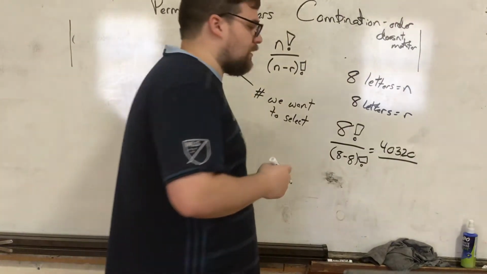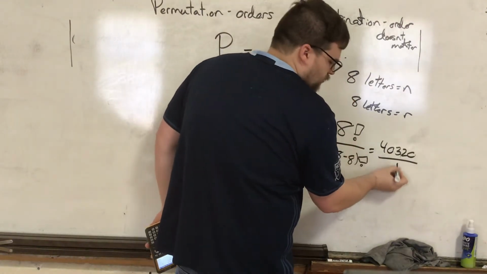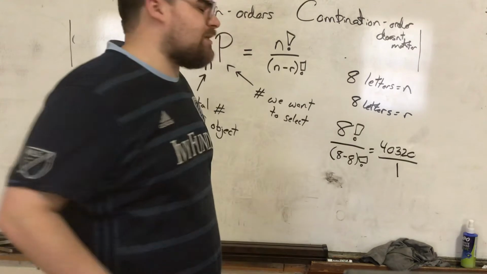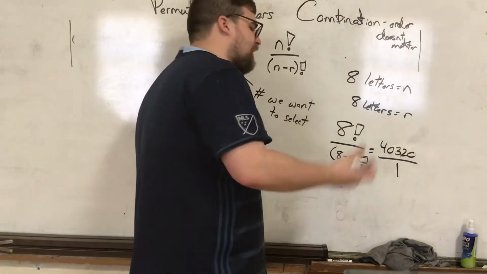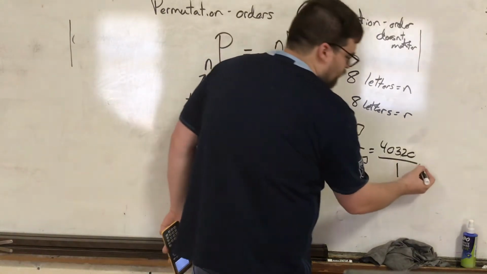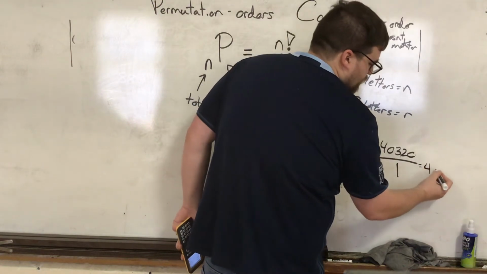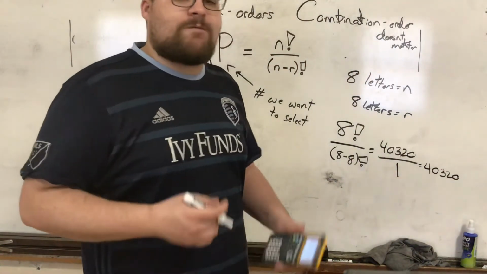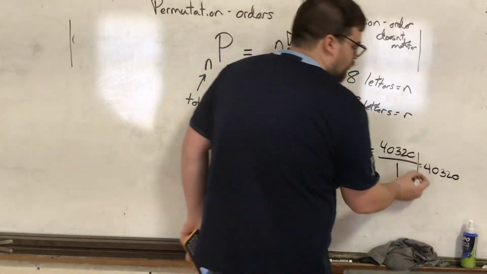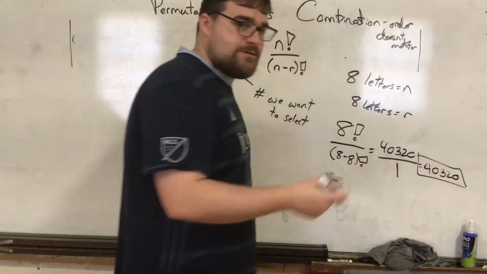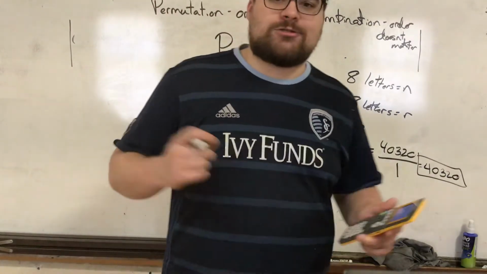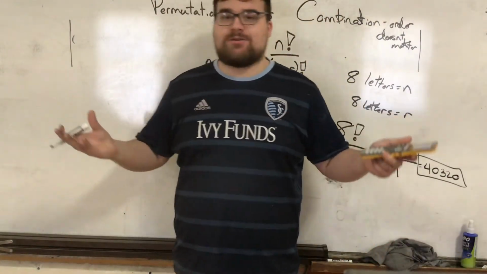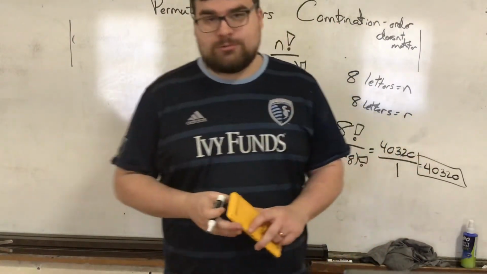I know, it doesn't make a lot of sense, but you remember it. It's 1. So 40,320 divided by 1. Well, that's just 40,320, right? No difference there. So there are 40,320 ways that you could arrange the letters in the word dinosaur. That's insane to me, but it's true.